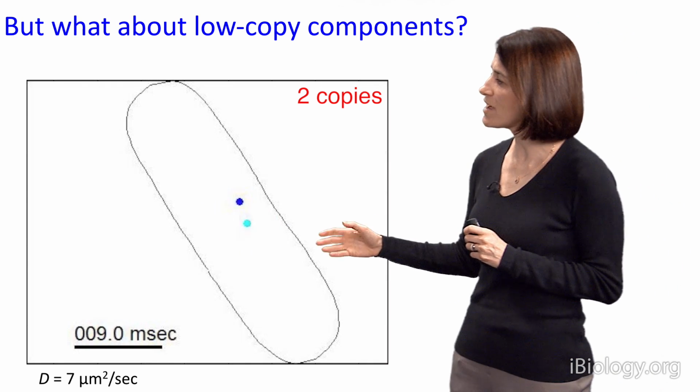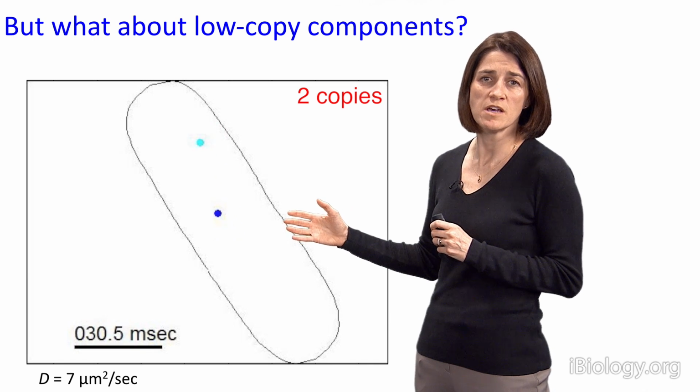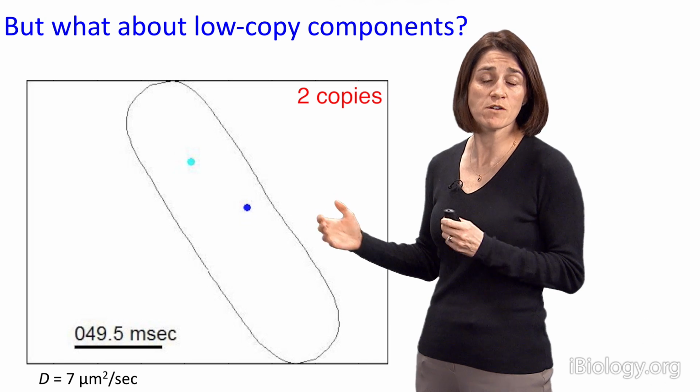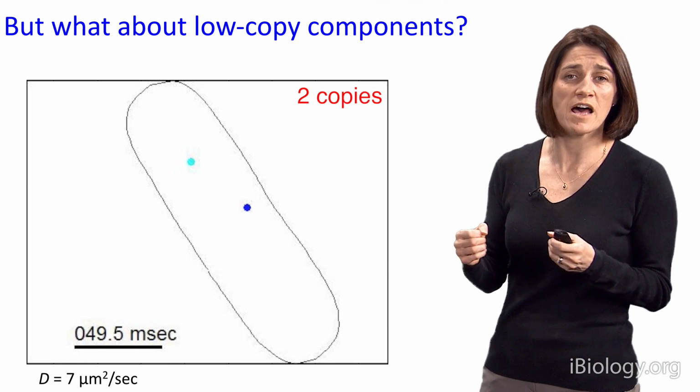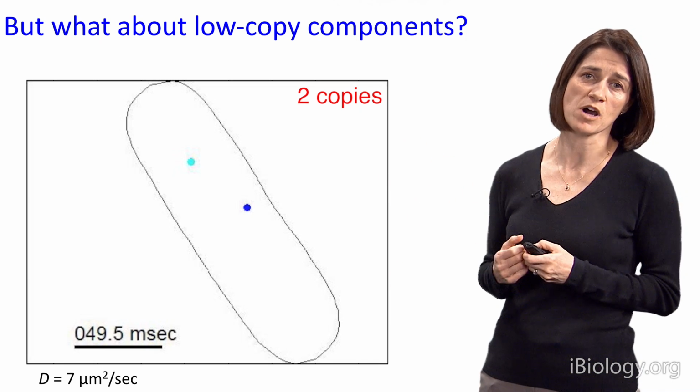Here we have the same simulation, but now instead of having 100 copies, we have only 2 copies. And as you can imagine, depending on when division is going to happen, there is actually a chance that one of the daughter cells is going to get both copies, and one daughter cell will get 0 copies.